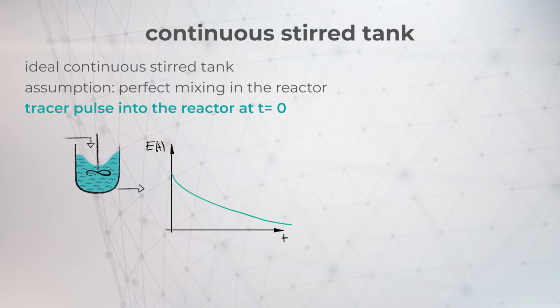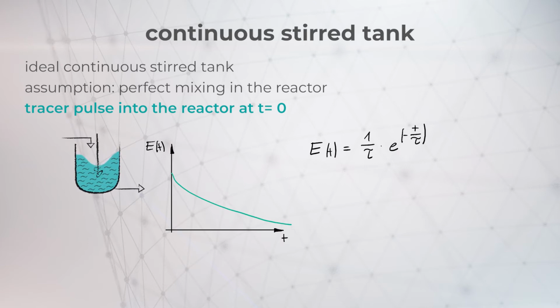Let me write that down as a mathematical function. E of t is defined as 1 divided by tau multiplied by e to the power of minus t, the time, divided by tau. Here tau is again the mean residence time. Tau is dependent on the flow rate and the size of the vessel.